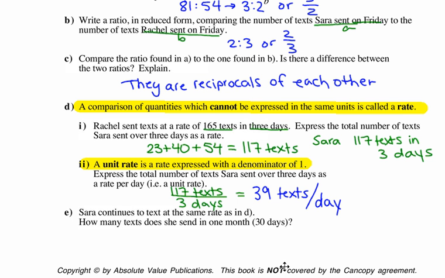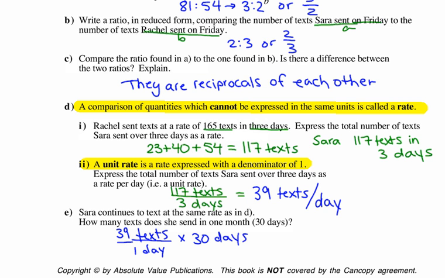Sarah continues to text at the same rate as in D. How many texts does she send in 1 month over 30 days? If she's averaging 39 texts per day, we can use the method we learned last day. 39 texts for every 1 day, times 30 days.